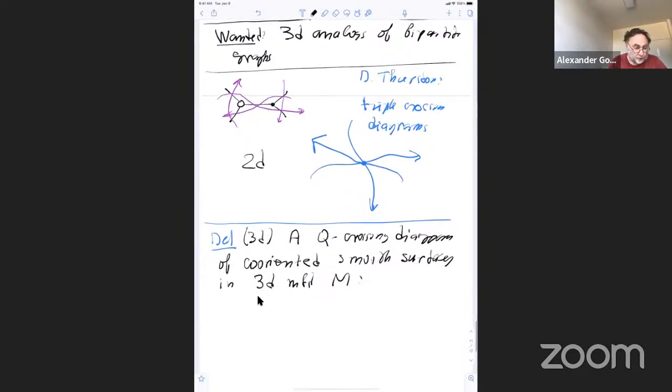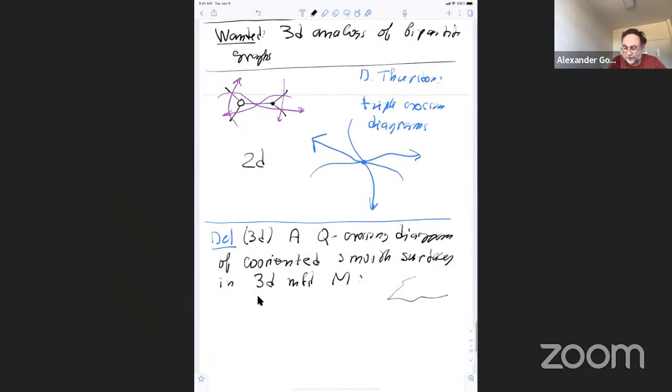And there's the following data. First of all, you have a collection of surfaces, which are smooth and co-oriented.